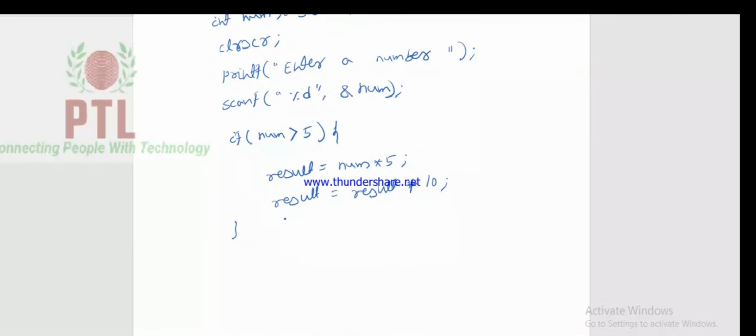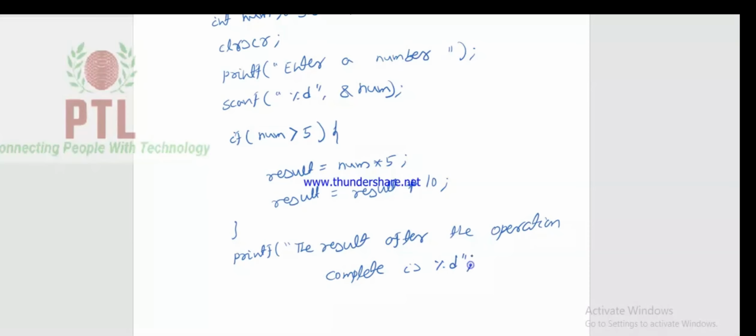So now I'll just print the result after the operation complete. Operation complete is percentage d, result. Then getch.